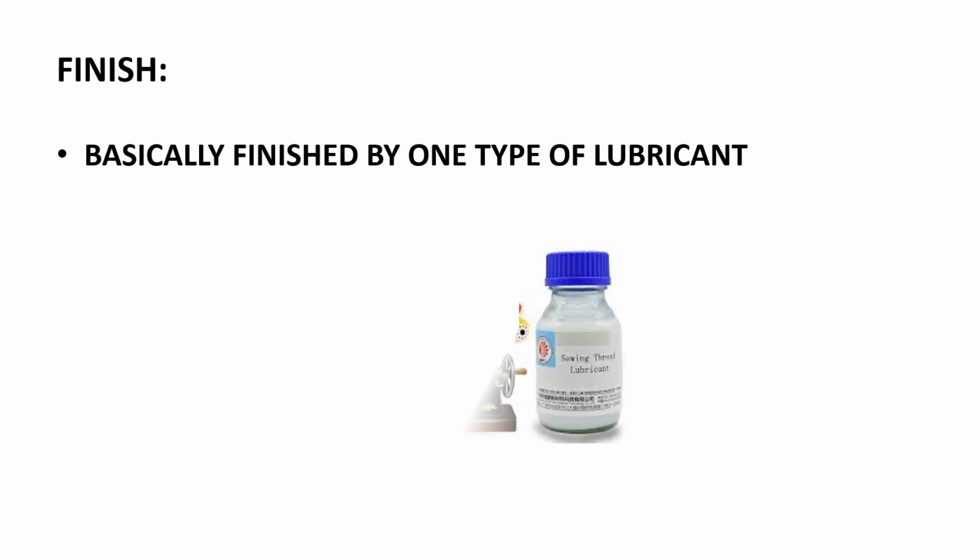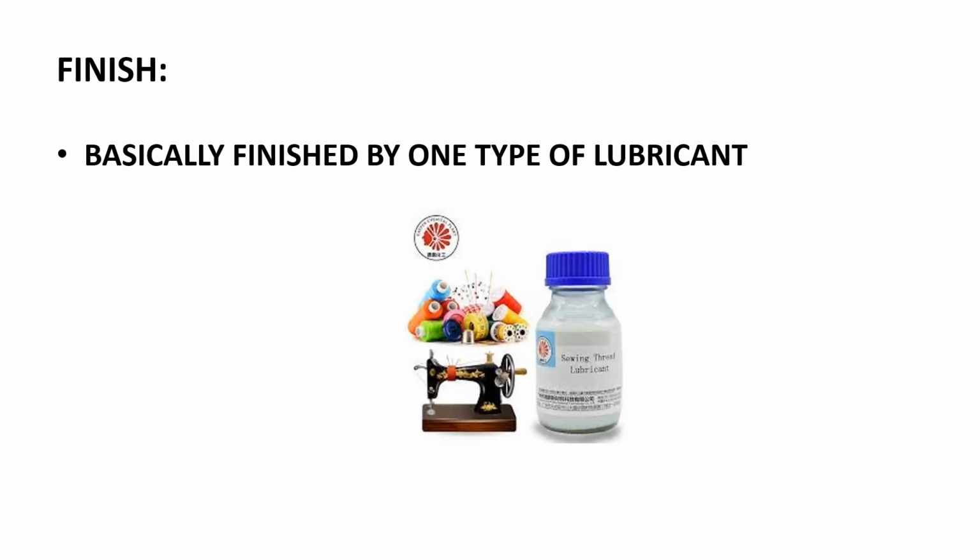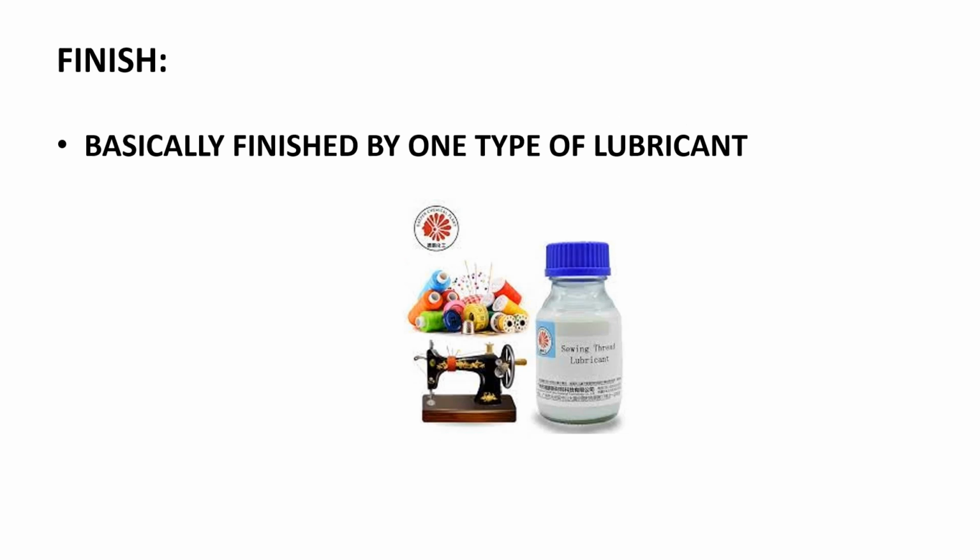What type of lubrication you are using? Basically, one type of lubricant is used in a particular lot, and the performance of the sewing thread will increase because of that. What is this sewing lubricant used for, and what is the concentration of it?